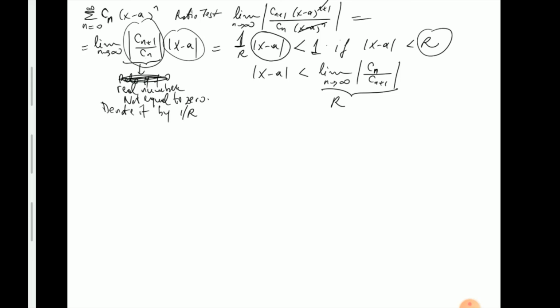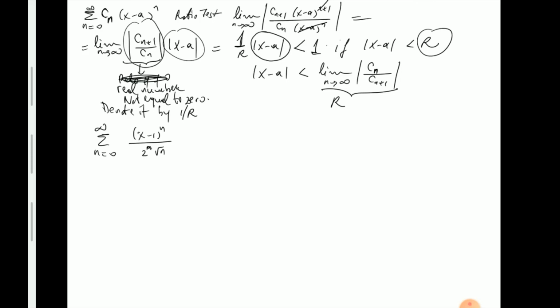If you want to see, for example, let's look at the second example from before. We had the summation from 0 to infinity of x minus 1 to the n over 2 to the n square root of n.